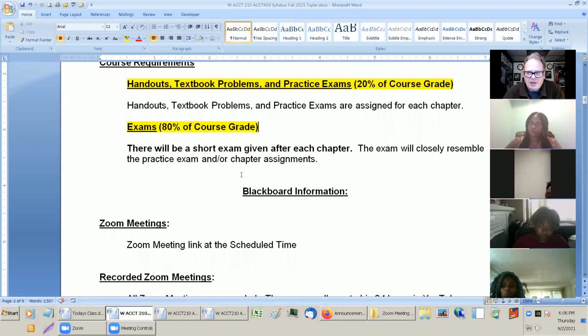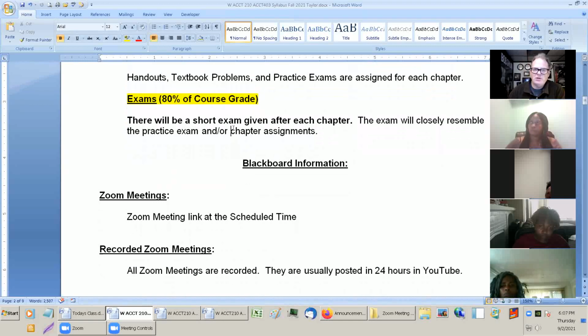And basically we have an exam after every chapter. The exams themselves are 80% of the grade. So the exams are kind of heavy, so you want to make sure you get all the exams. If you're not going to turn something in, don't let it be an exam. Turn all the exams in.